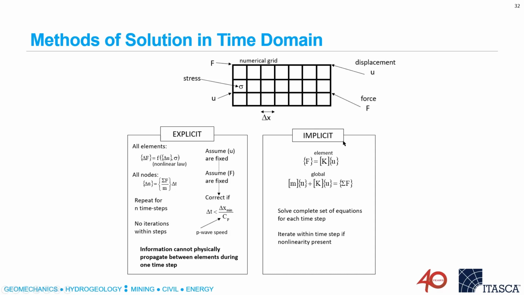In the implicit method, which is the finite element method, you have a stiffness matrix that represents each of the elements in terms of its properties and its geometry, and those are expressed in terms of applied forces and displacements through a stiffness matrix. And then it's a simple matter of assembling those element stiffness matrices into a global matrix of elements.